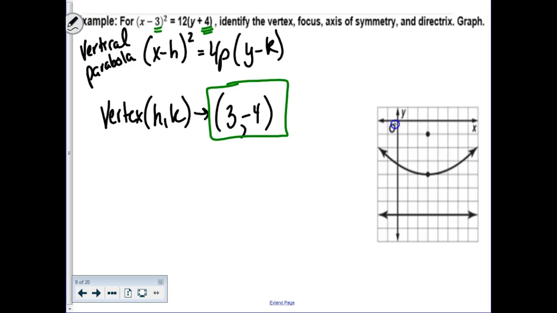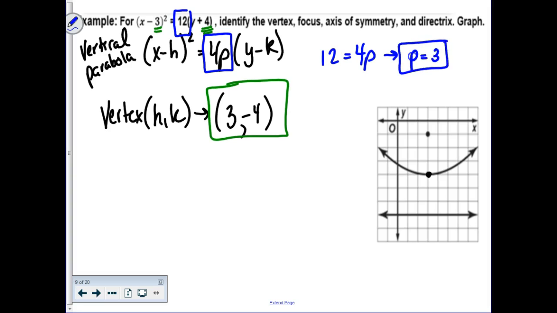Notice they've plotted it at 3, negative 4. The next thing that I would have you find is what is p, because p is kind of the key to this question. So in my formula, the number that's in front of the y minus k parenthesis is 4p. So kind of off to the side in my notes, I would set up, well, 12 is supposed to be 4 times p. So if you do a little solving, p is 3.